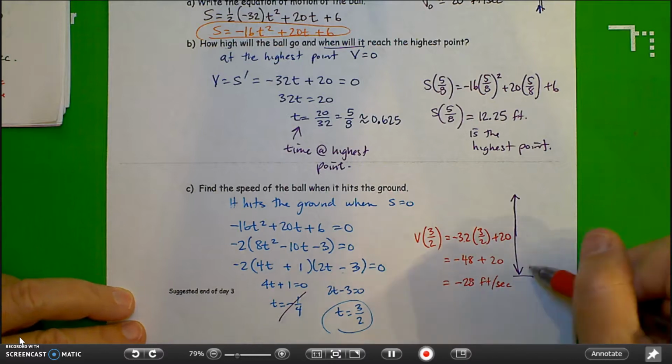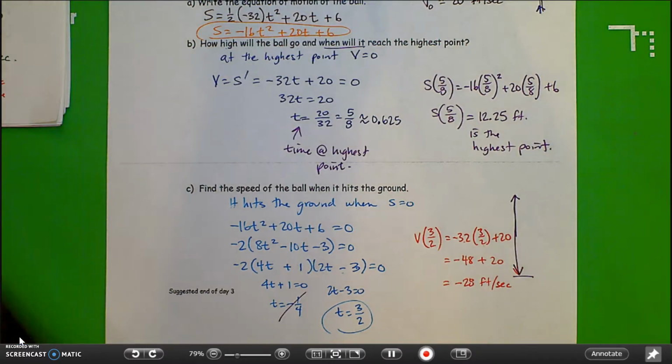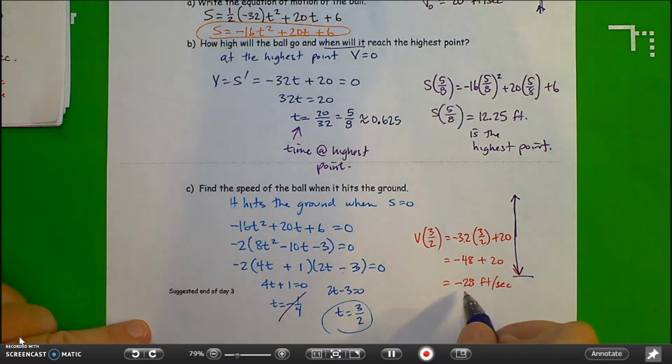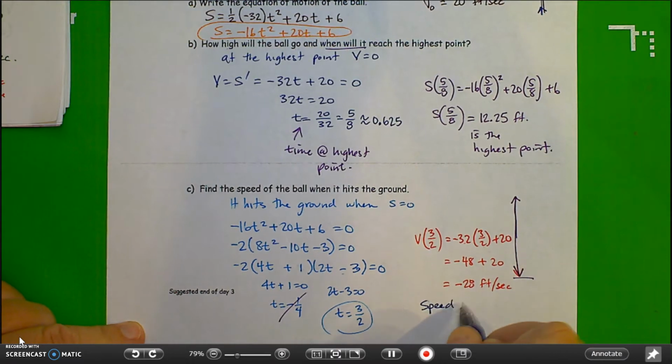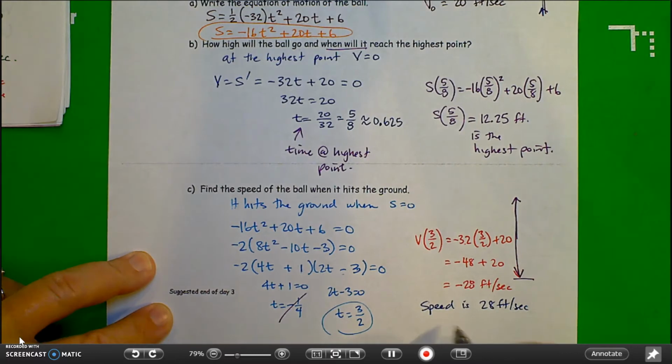Actually, that's when it hits the ground, so it's moving down in its last possible chance to do so. And to answer the question, velocity is negative, indicating it's going down. Speed would be the absolute value of this. So basically, speed is 28 feet per second when it hits the ground.